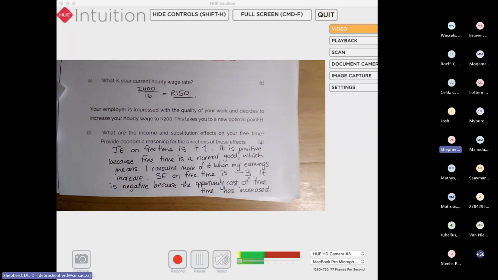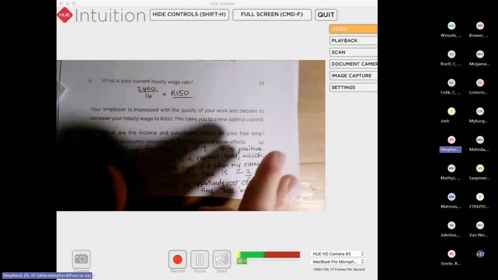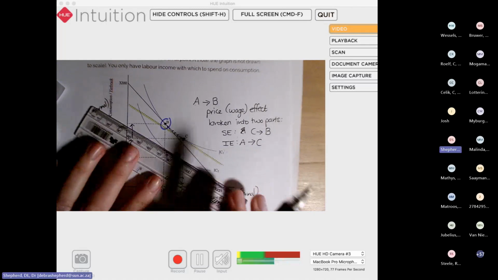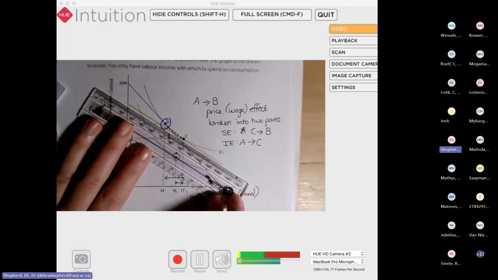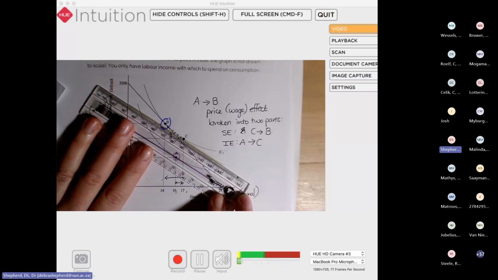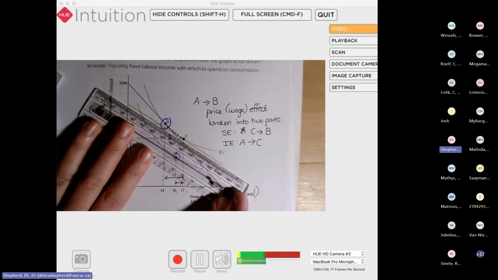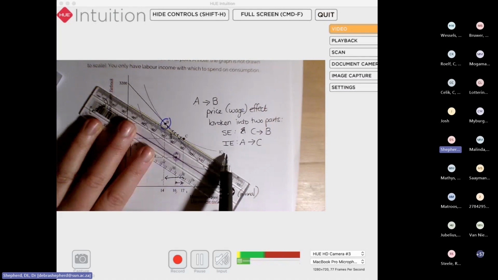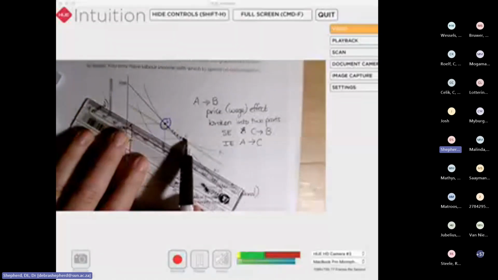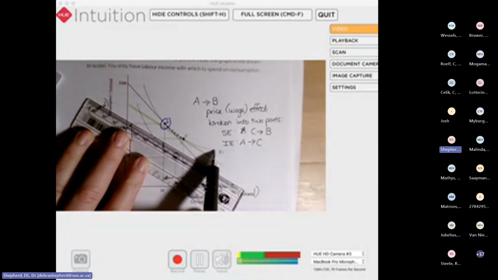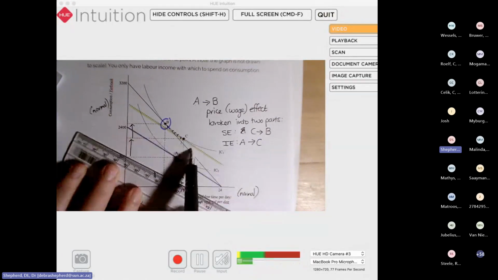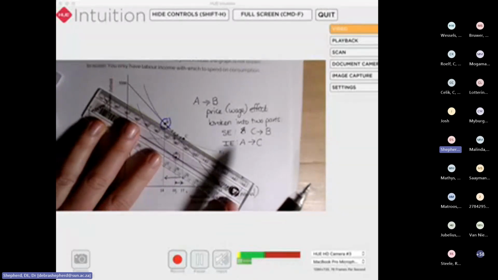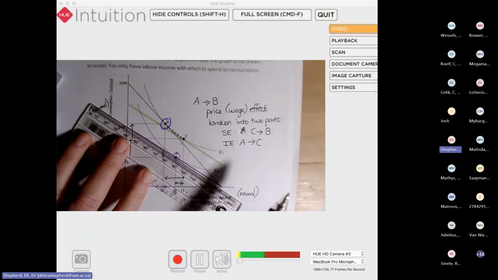Can you explain again the movement of the substitution effect from C to B? Okay, so if I look at C, what C represents is a tangency between this hypothetical budget line and my new higher indifference curve. In other words, at C, the MRS equals the original MRT. So it has the same slope as my old budget line.